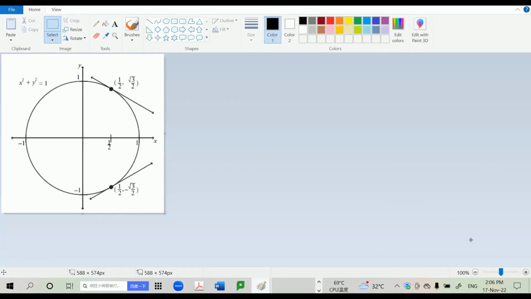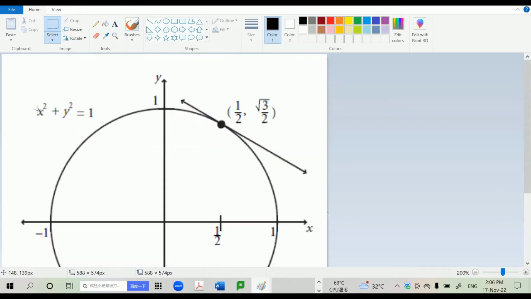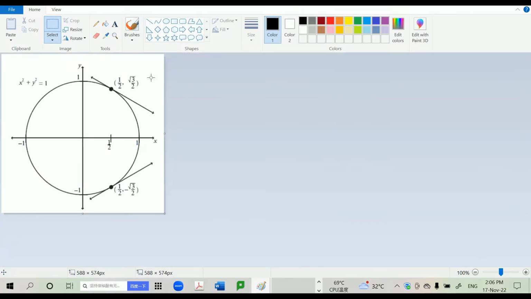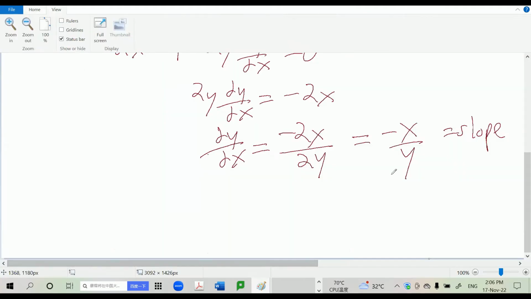Here is a picture of that equation, x squared plus y squared equals 1. Now, as you can tell in this circle, the equation that we got here is a derivative that has both x and y in it.